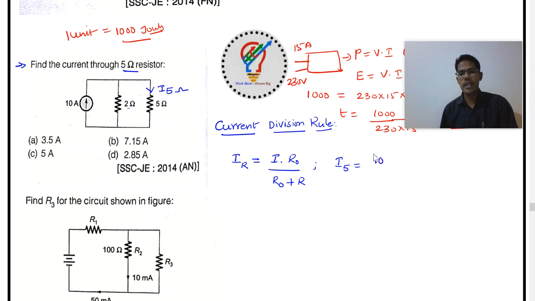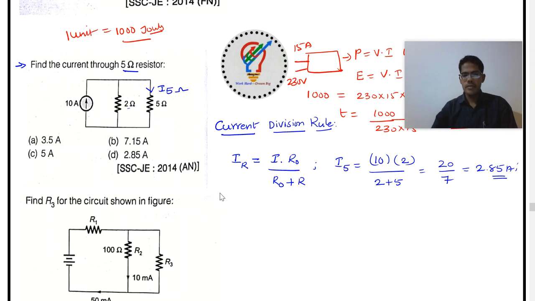R0 is the opposite resistance. The opposite of 5 is 2. So 2 divided by 2 plus 5. So 20 divided by 7, it is going to be 2.85 amperes, which is the right answer for this question.